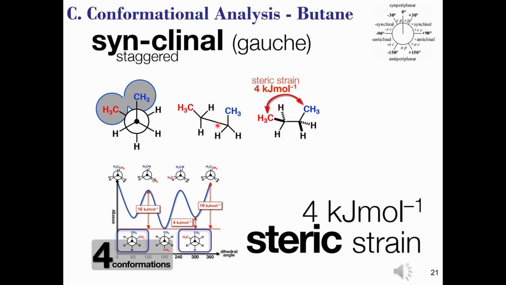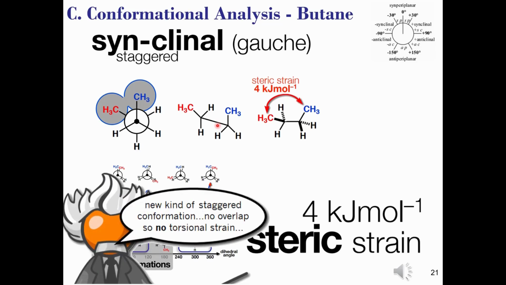Now, this kind of staggered conformation doesn't have any overlap, so there's no torsional strain, there is only steric strain. We can see this when I put the electron clouds on here. This is owing to the fact that the two groups are close enough, and these objects don't like being so close, so they repel one another.